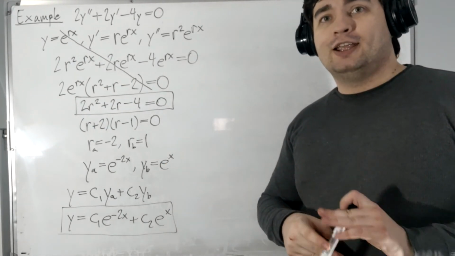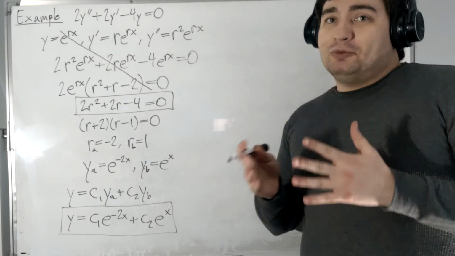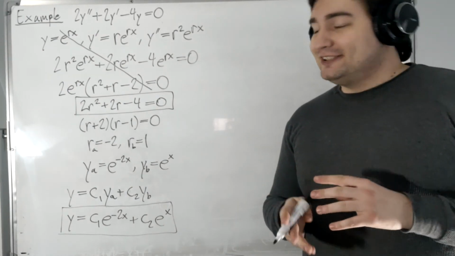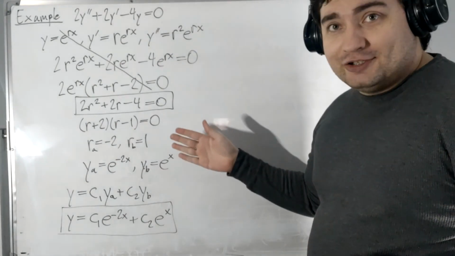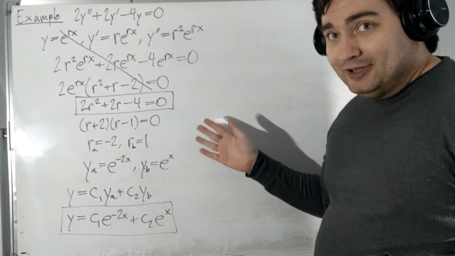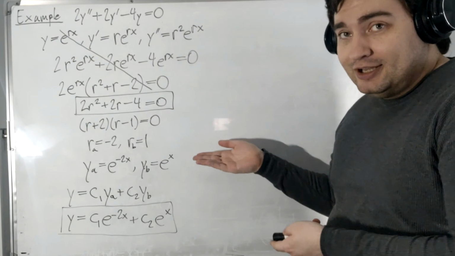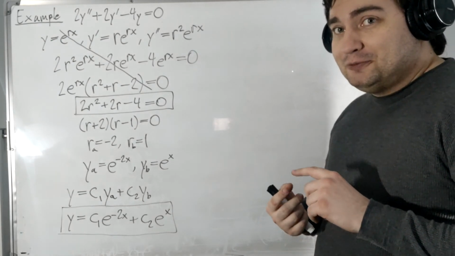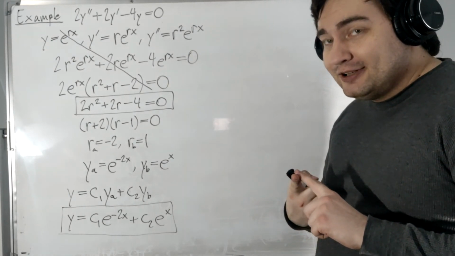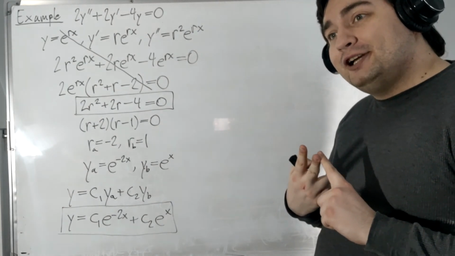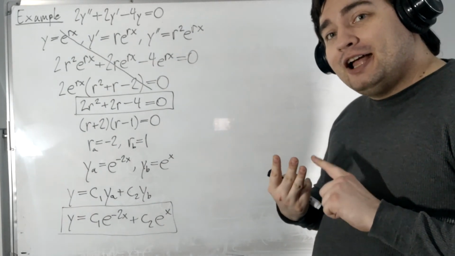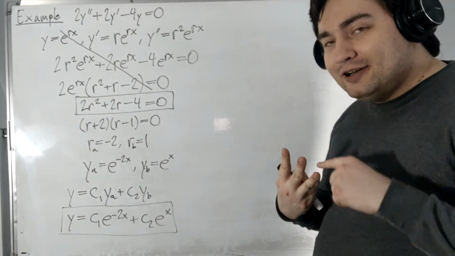Now, I am somewhat oversimplifying this because the characteristic equation, if you remember from high school, is a quadratic. That means that it could have real and distinct roots. It could have a repeated real root, or it could have complex, non-real roots.